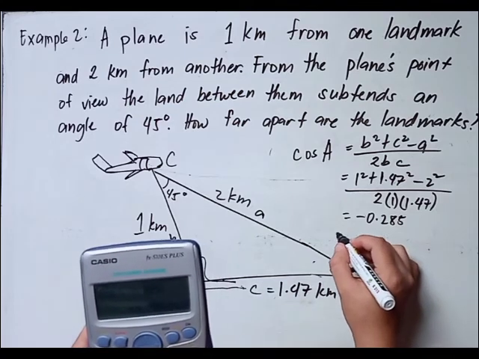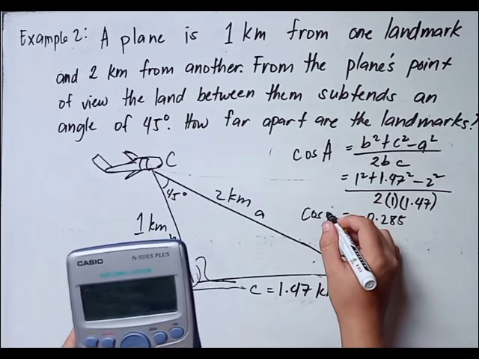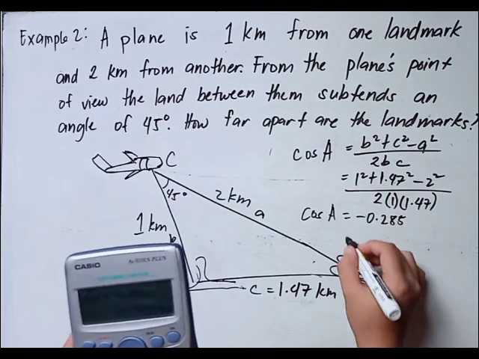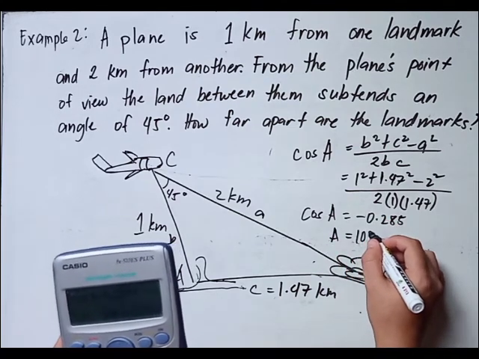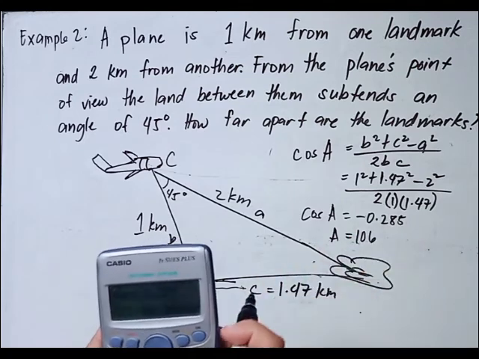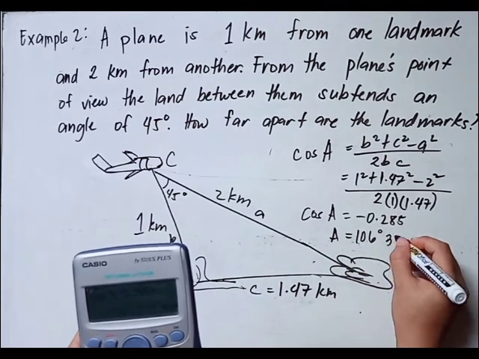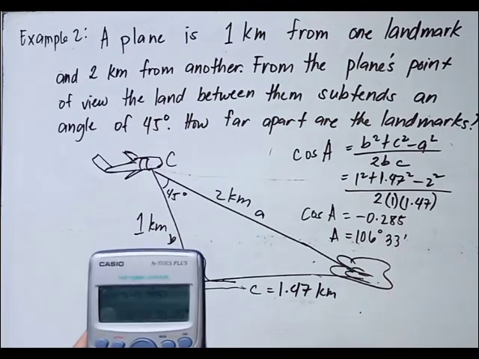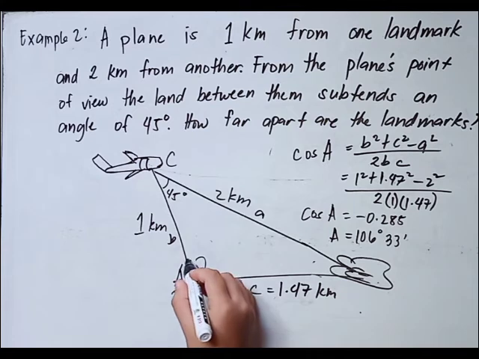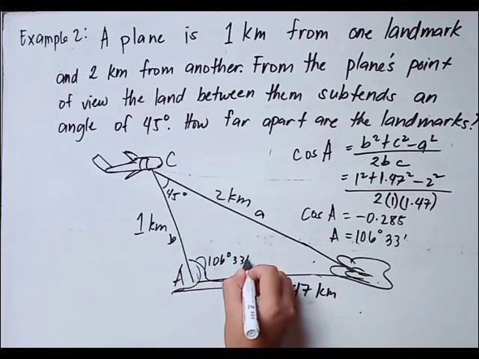So this is the inverse cosine, and our angle A is equal to 106. Let's press the degrees and 33 minutes. So this is 106 degrees and 33 minutes.